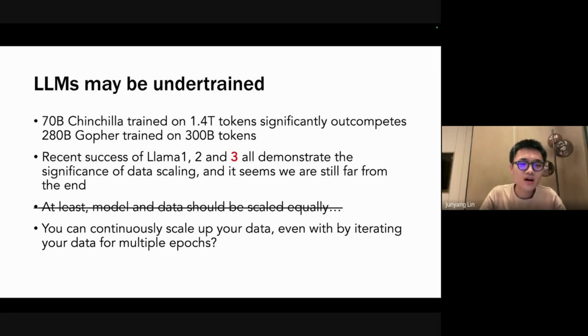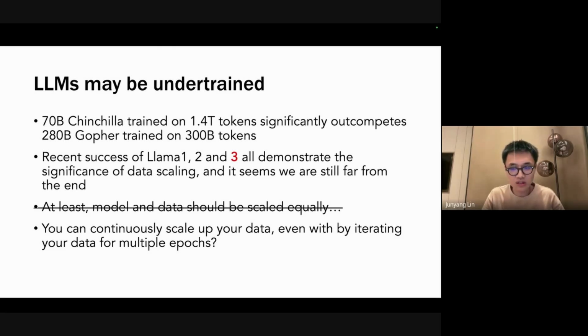Previously, this is the sentence I used for Qwen 1, but for Qwen 1.5, I started to doubt it: model and data should be scaled equally. But I think for data, you can put more on the data. But data quality is also very important, because it is very easy to collect a lot of data and just put it in, but if they are all trash data, it is actually meaningless.